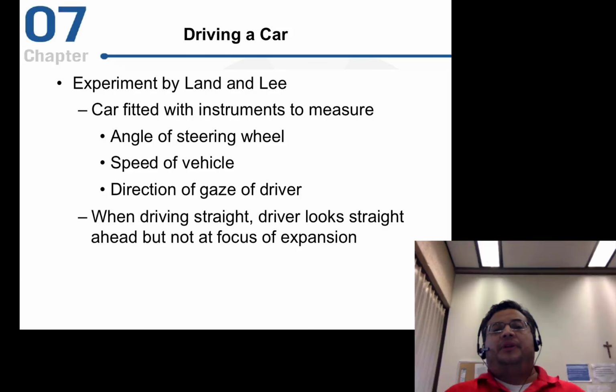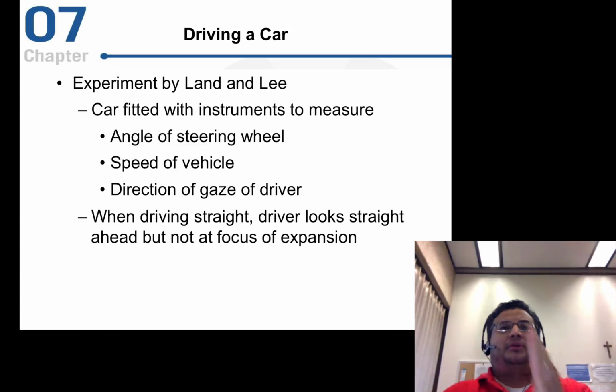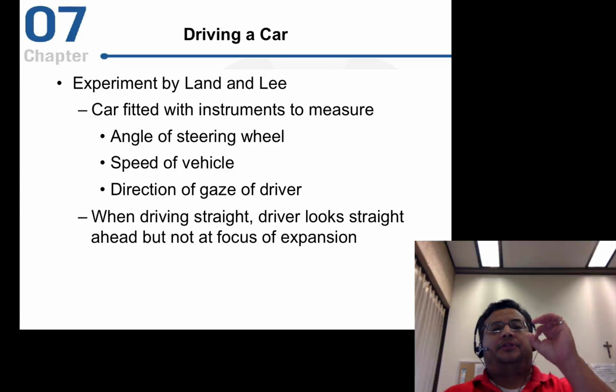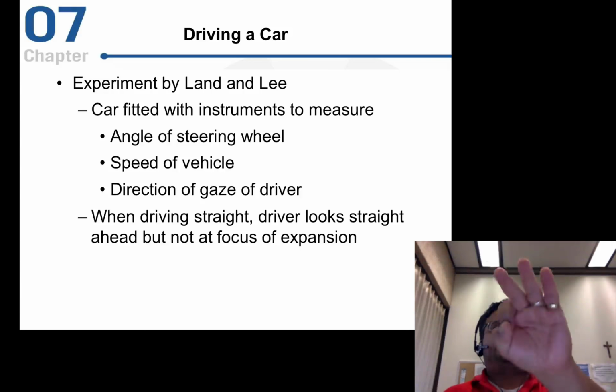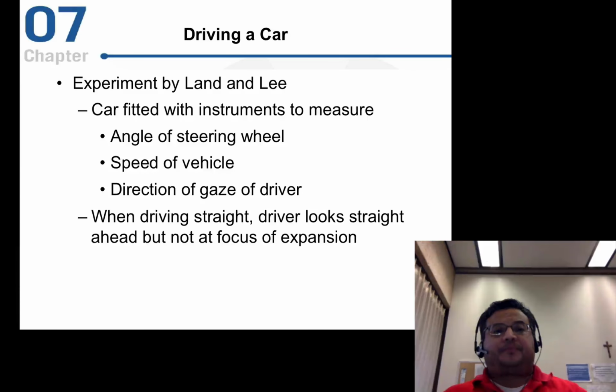So they fitted an instrument to determine the angle that the wheel was being spun, so whether it was straight on or being angled, what direction it was turning, the speed of the vehicle, and they also put in cameras to watch the gaze of the driver so that we could see exactly where the driver's looking in their optic array.